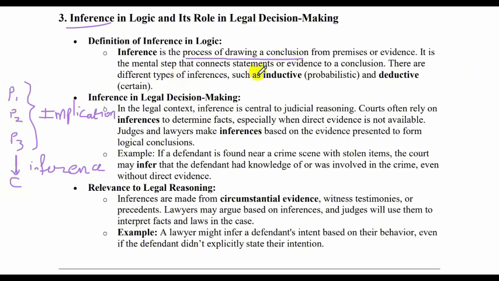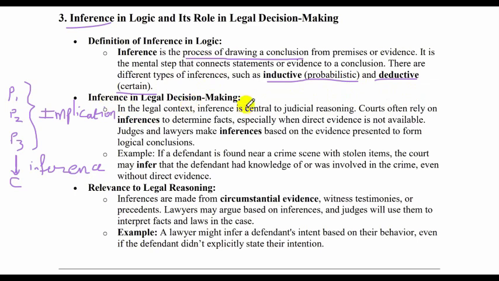There are different types of inferences, such as inductive, which is probabilistic, which we saw earlier, and deductive, which is certain. So inferences are of two types, inductive and deductive.